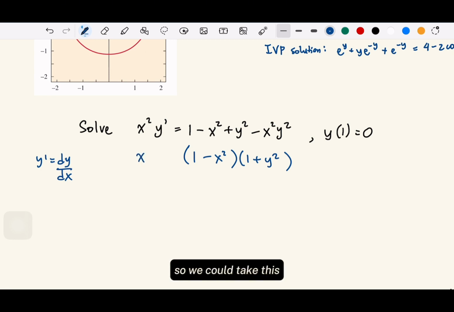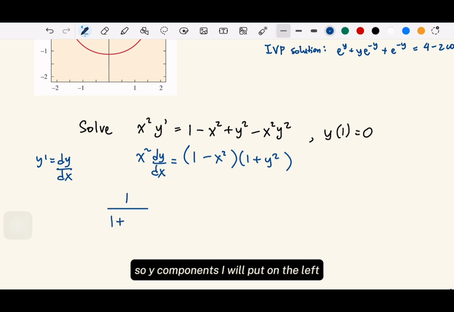So we could take this. Let me write dy dx. And then we can move all the components.